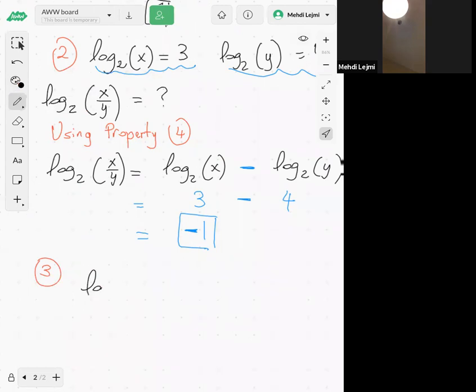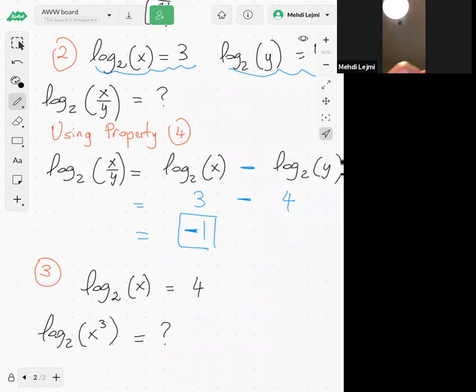Let's say log in base 2 of x is equal to 4, and you want to find log in base 2 of x cubed. So you know the log of x in base 2, which is 4, but now we want to find the log of x cubed. So how do we do that?